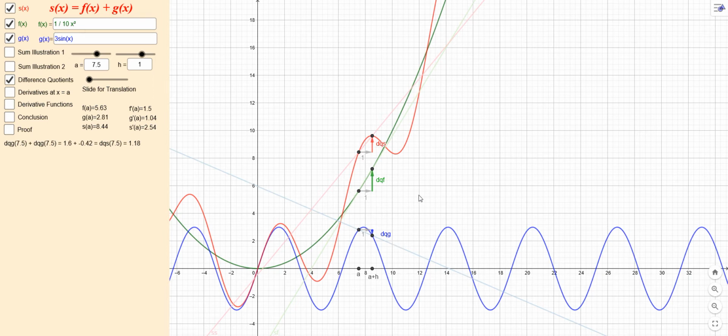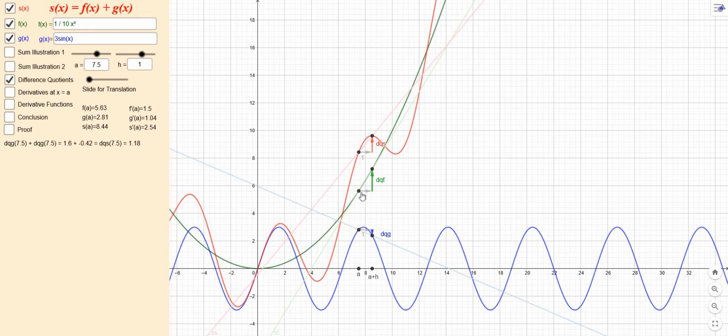Now remember, the slope of a line is how much that line goes up or down when you go to the right one. Since it's a line, it has a constant slope, so it doesn't matter where we start. So if we start at our point of interest and go to the right one, let's say here, and see how far the function goes up or down, that amount is our difference quotient.